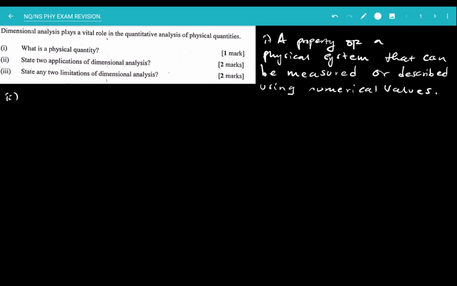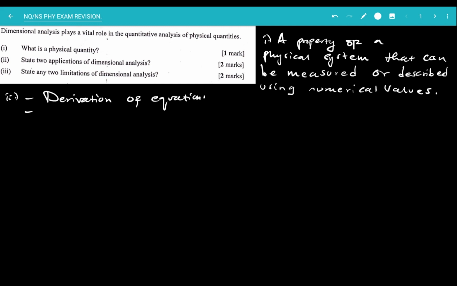All right, for part 2, it says state 2 applications of dimensional analysis. So we have quite a number of applications, but we'll just mention the major applications we have. I won't just give 2 or give 3. So we can say that the application of dimensional analysis is firstly in the derivation of equations. That's the first one.